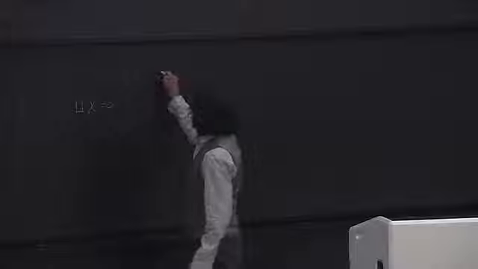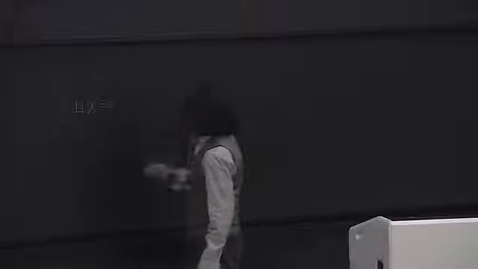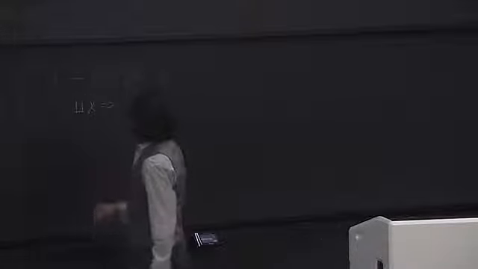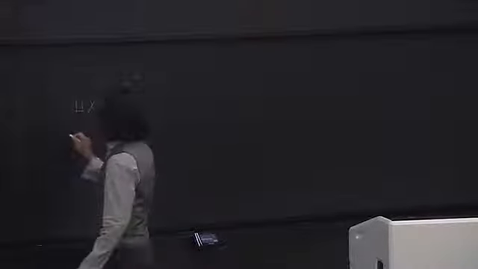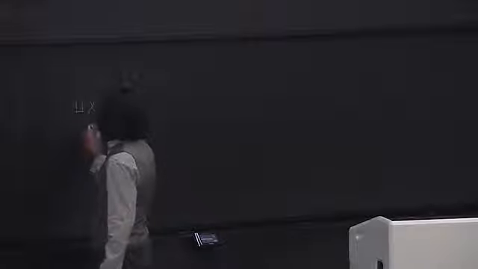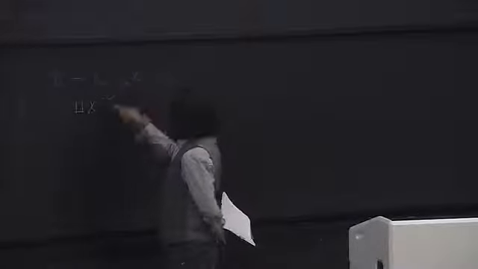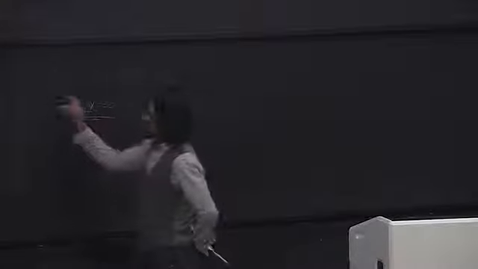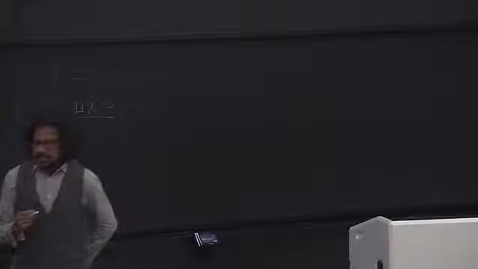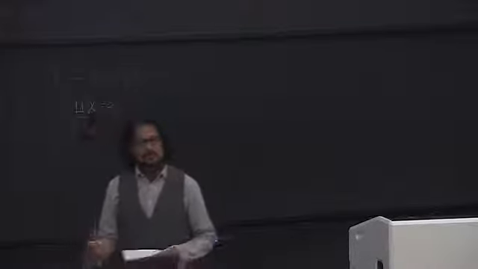So if you call this A mu prime, and you replace A mu by A mu prime, you still get the same condition if the Laplacian acting on chi is 0. So if you assume this, you're still in the Lorentz gauge. Another way of saying that is that the Lorentz gauge does not fix your gauge degrees of freedom completely.